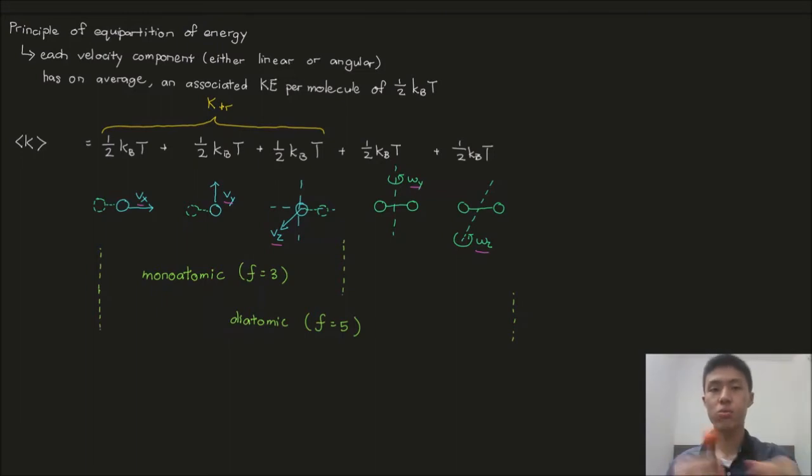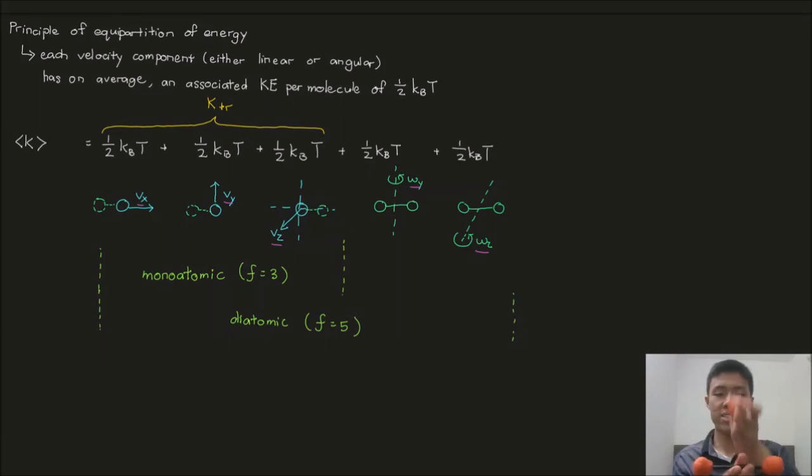Let's say just now it was a diatomic molecule. Now if I add on a third atom to form a polyatomic molecule, you can see that the gas molecule can still rotate like this, can still rotate like this, but there's one more rotation which is like this.